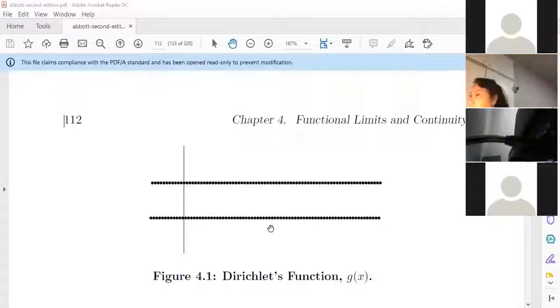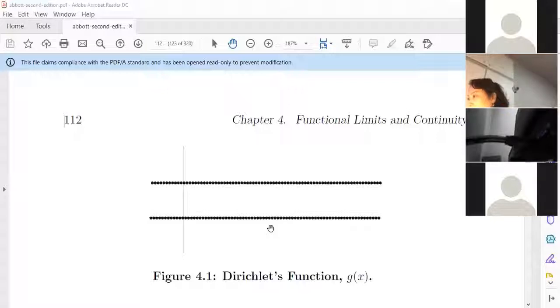So this is a function that assigns 1 to every rational number and 0 to every irrational number. All right. And what we want to talk a little bit about is the concept of continuity. I mean, you all know continuity from your calculus classes, and you know the intuitive idea is that the graph can be drawn without lifting the pencil from the paper.